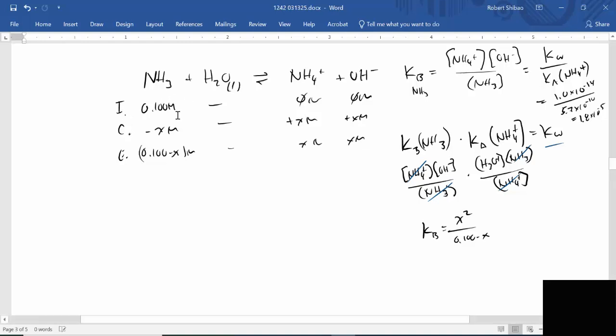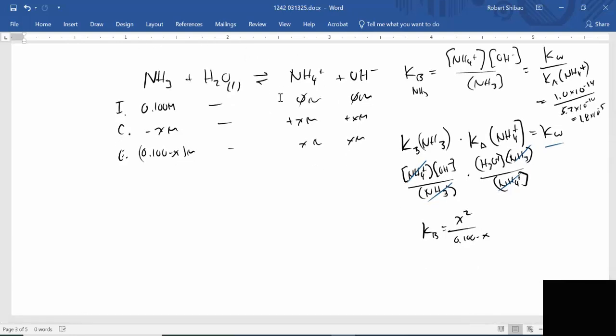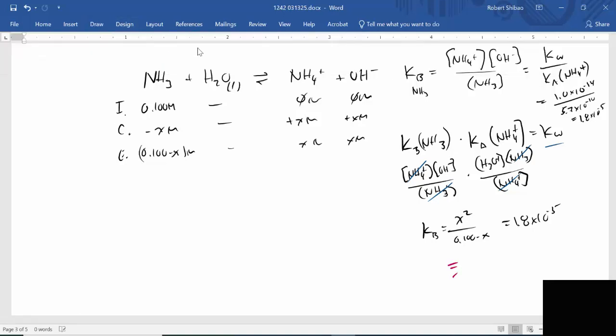Now 10 to the minus 5 is going to favor the reactant, so I'm going to go ahead and try the simplifying assumption and see if it works. But I worry because it's not super small. Regardless, it doesn't take much time to just try it, versus debating whether it will work or not. This is going to give me an x value of the square root of 1.8 times 10 to the minus 6.